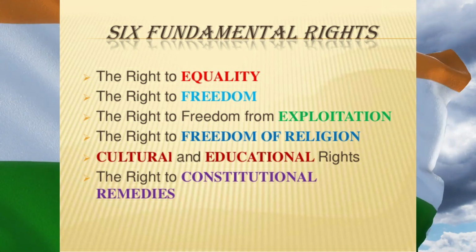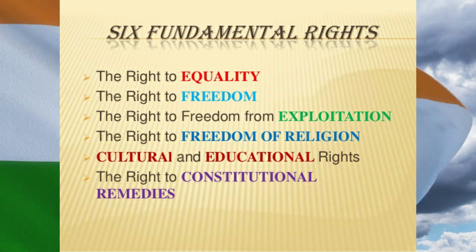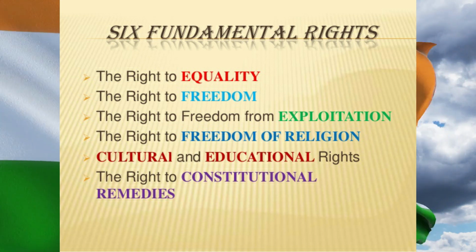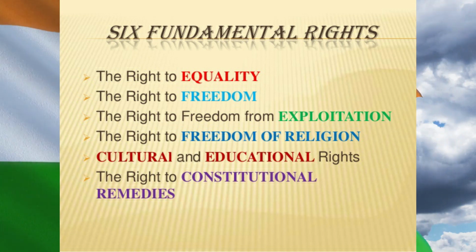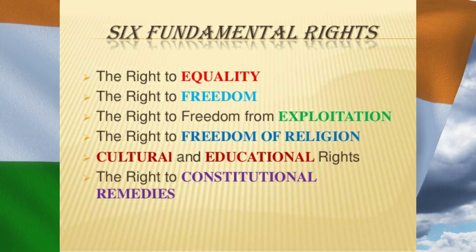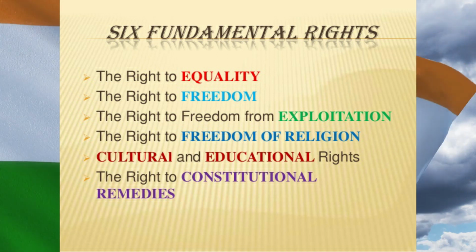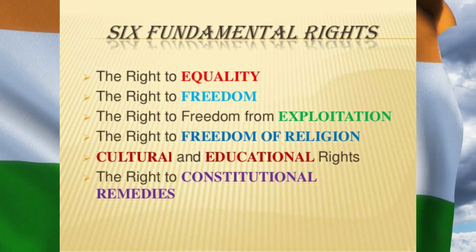Right to equality. I would like to summarize these fundamental rights as it has already been mentioned in the principles of the Constitution, that all citizens are equal before the law. No one will be discriminated against on the grounds of religion, race, caste, sex, or place of birth.